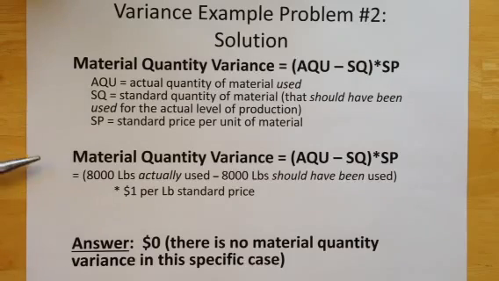So we've copied this formula again down below, and we've simply plugged in the numbers here for AQU, SQ, and SP based on what we've been given. Well, let's see how we plugged in these numbers.